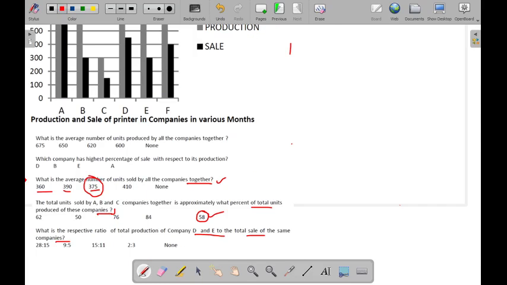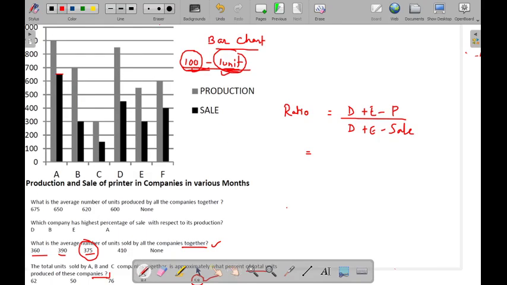Find out the ratio of D plus E production upon D plus E sale. D plus E production is 8.5 plus 5.5 on 4.5 plus 3.